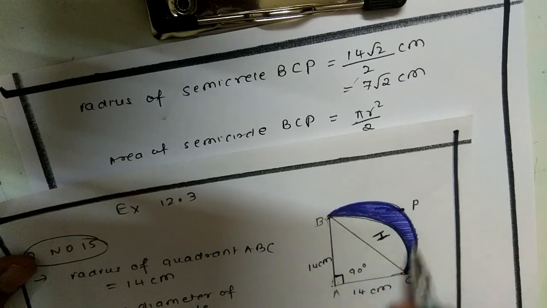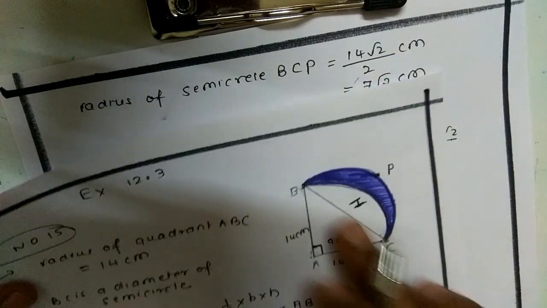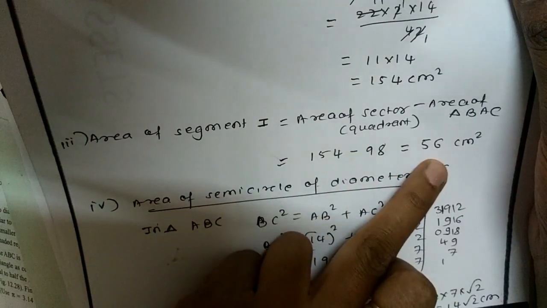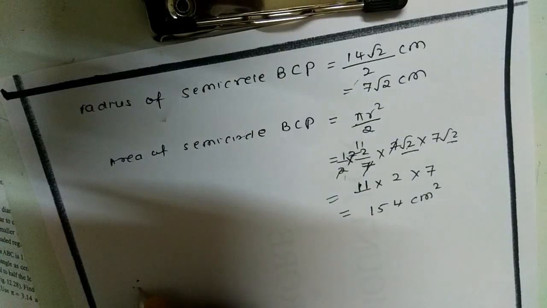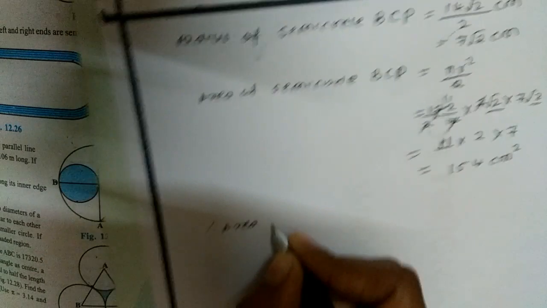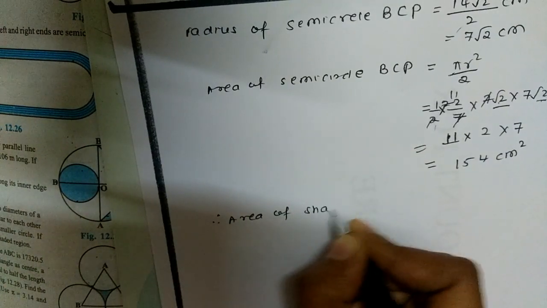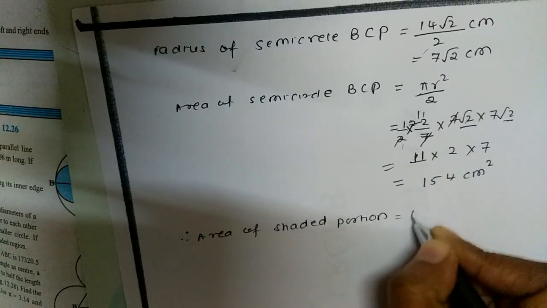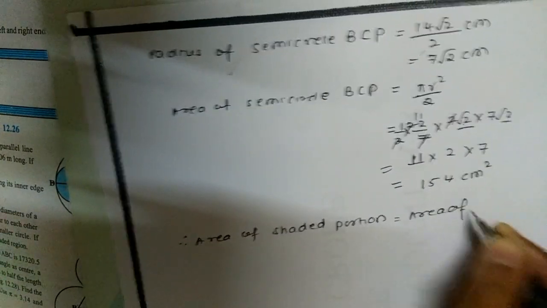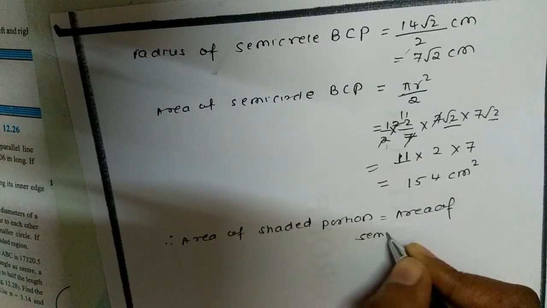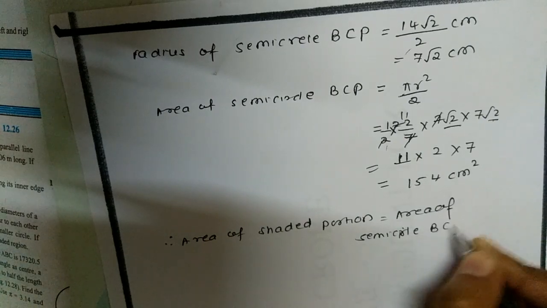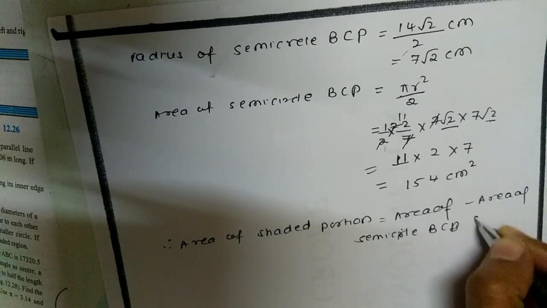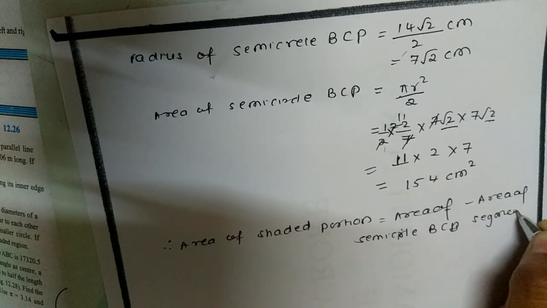So from the semicircle area, remove the area of this segment, that is part 1. We have the area of part 1, that is 56, that we will remove. Therefore the area of the shaded portion equals area of semicircle BCP minus area of segment 1.